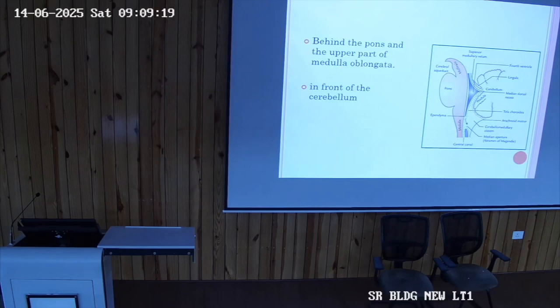So if we talk about the location of the fourth ventricle, it is situated behind the pons and the upper part of the medulla. You know that there are two parts of the medulla. The lower one is the closed part, and then there is the open part, or the upper part. So only the upper part of the medulla oblongata, and then we will see the pontomedullary junction.